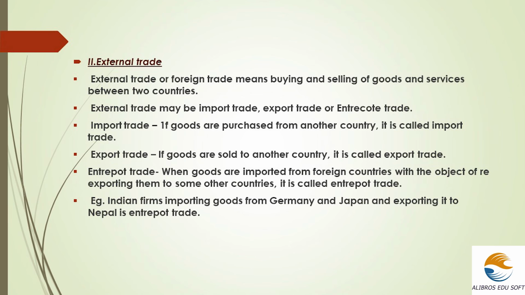If a particular country is a producer of certain products and uses those products for its own use, the surplus may also be exported to other countries that are insufficient in that product. So there come the two trades, import trade and export trade.